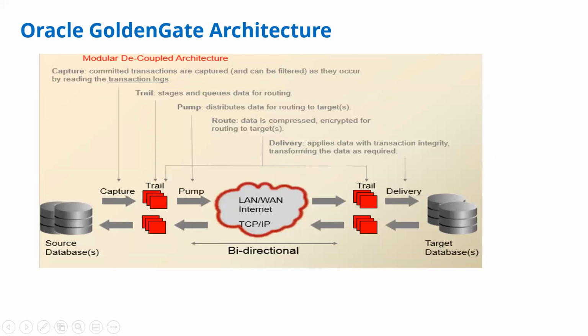Remember, each process you see over here, extract, pump, and replicate, is independent of each other. Bidirectional is nothing but two-way unidirectional, but there are some considerations which we discussed during the training.